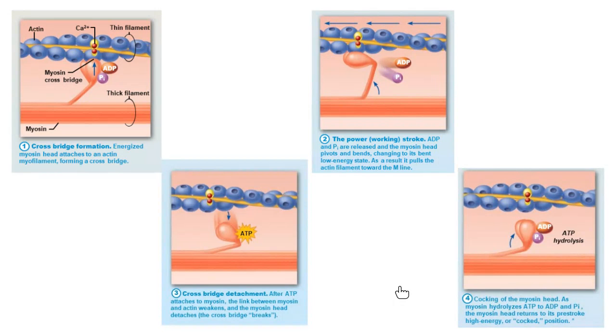Remember that those were the 2 ways that a muscle fiber can make ATP. So the short answer to where this came from is the cell made it, either in its mitochondria or using that process called glycolysis. So this was floating around inside the cell, and when it bumps into myosin, it causes detachment to happen.